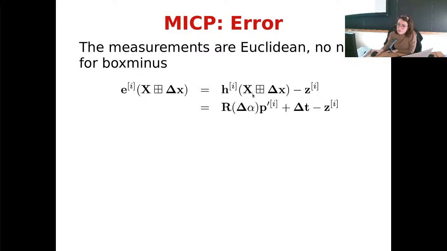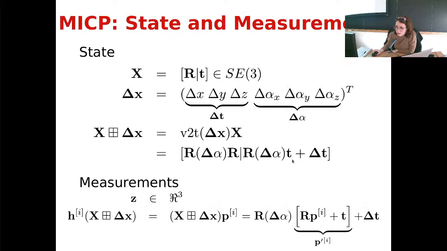So what we do is we apply the transformation from world frame to robot frame to predict the measurement, and then compare it to z_i. Recall that with the notation p_i prime, we mean the point p_i in the world frame transformed into the robot frame. So it's a p_i where we have applied the transformation from world frame to robot frame.